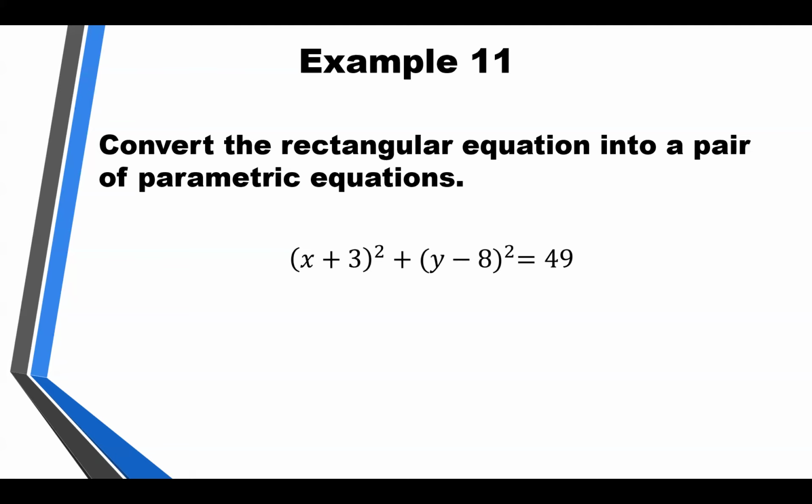If I'm trying to deal with secants and tangents, I will try to use 1 plus tangent squared is equal to secant squared. So I try to get the version that I'm looking for on my Pythagorean identity.